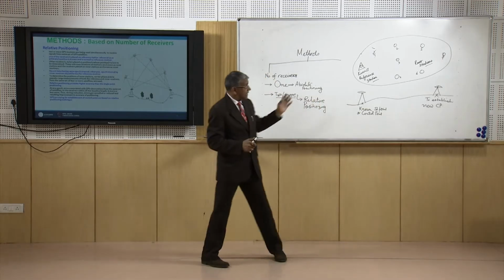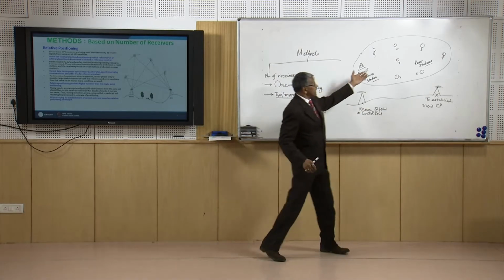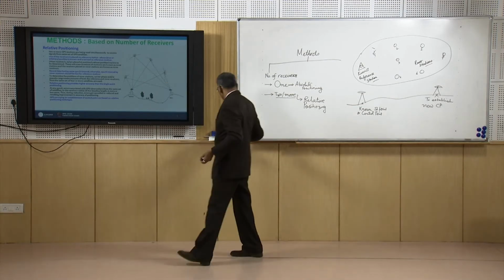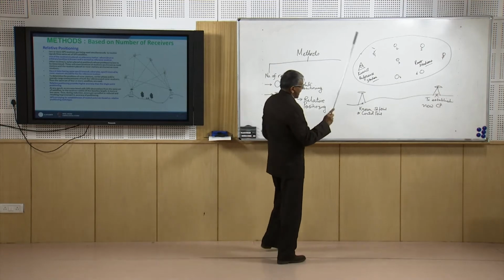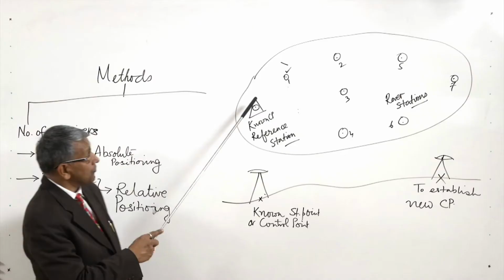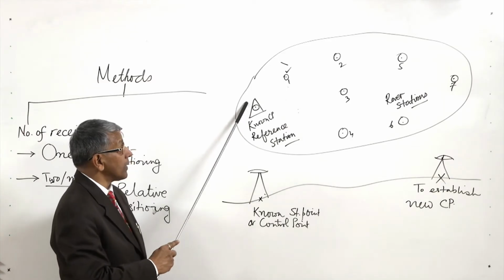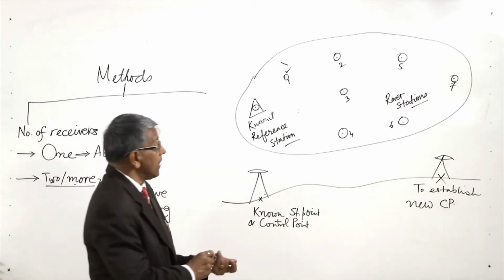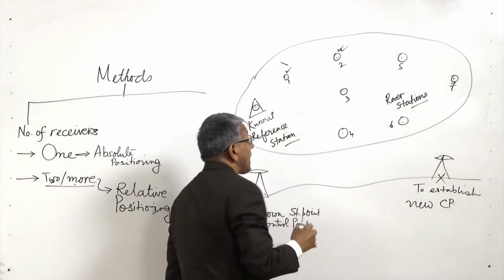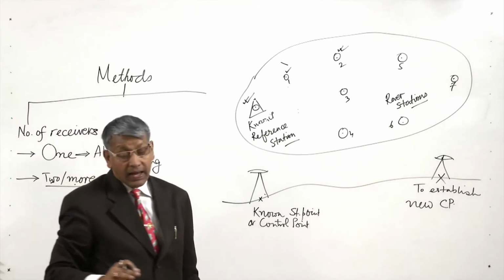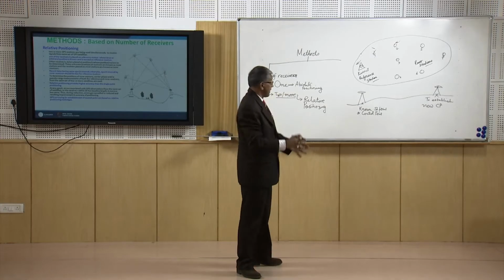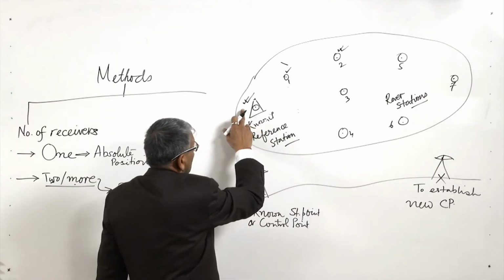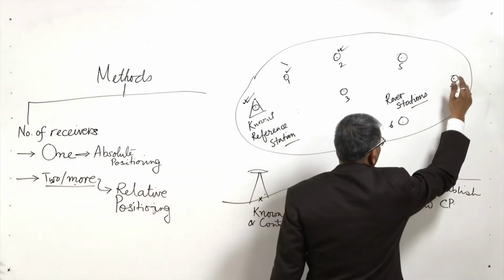Now in this method some restrictions, or some things to be noted, are that at every instant of time at least 4 satellites should be common with respect to this. That means whatever satellites are visible from this station and this station, at least 4 satellites should be common. Suppose I am taking the observation with this one and this one together.